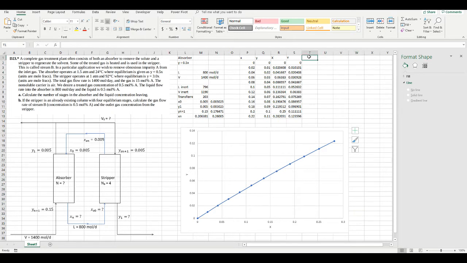So now let's go ahead and trace our operating line. For an operating line with mole ratios, the equation is almost identical to the normal operating line equation, except that we need to use mole ratios and we need to use the inert flow rates instead of the total flow rates.